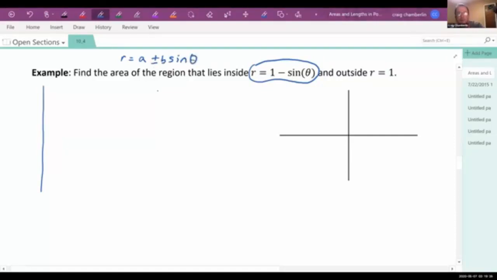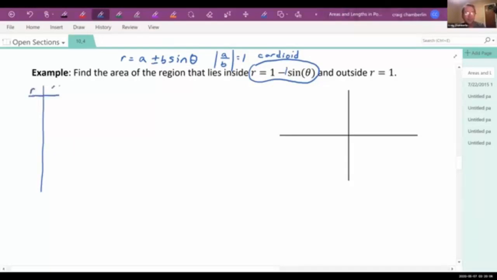And in fact, when you take the absolute value of a over b, which is 1 over negative 1, you get 1. I know when that happens, you have a cardioid. I suppose these days you don't have to have that memorized because you have a calculator to show you that. So it's one of those ones with a cusp as opposed to an inner loop.